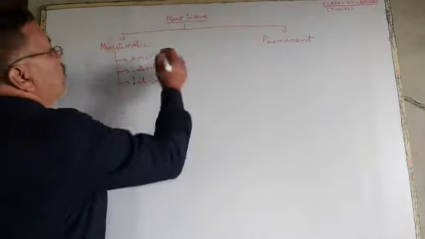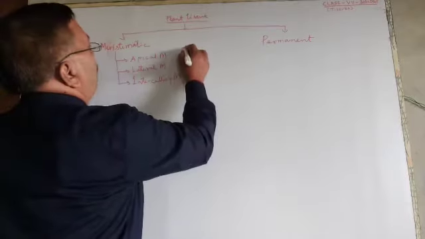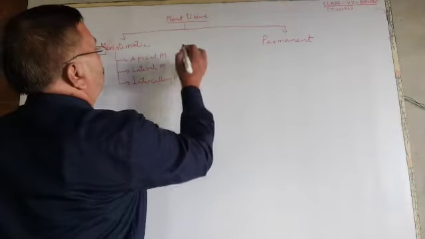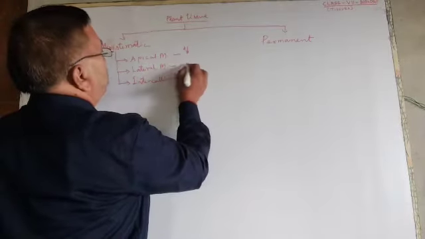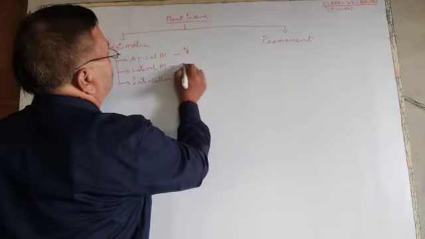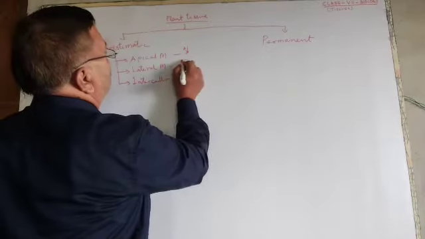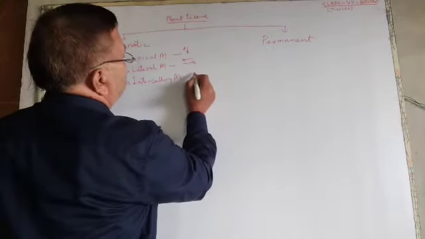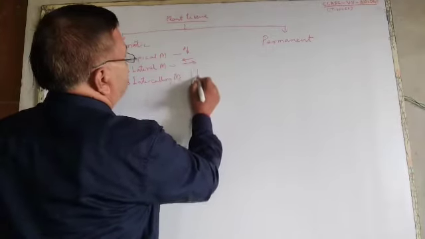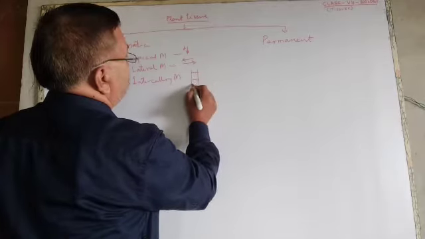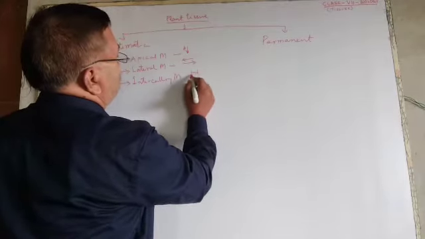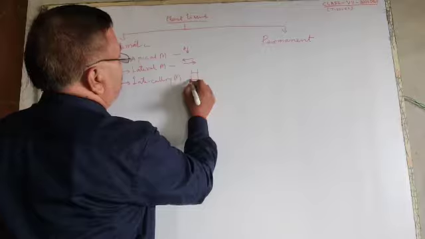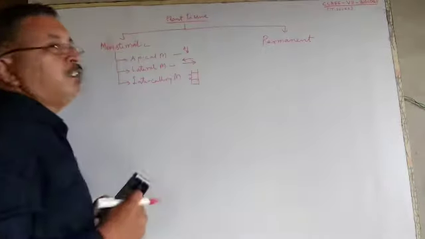Apical meristem causes apical growth, up and down. Lateral meristem causes lateral growth, this side and this side, thickness. Intercalary meristem causes elongation in the stem. If these are the nodes, the elongation happens in this area. This is actually important.